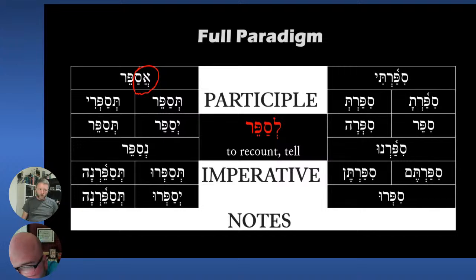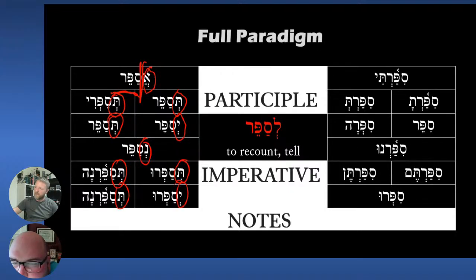Es gor, I will close. But here you have the structure of the word is maintained, saper, and then the one on the front is reduced in all cases. So all of these have shva. Okay, so that makes it easy to remember in the future.